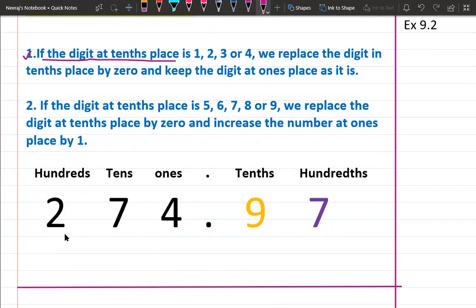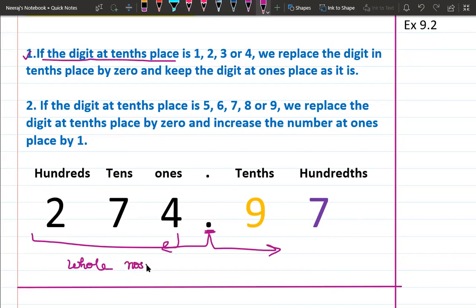This decimal point is separating the digits into two parts. The first part, on the left side of the decimal point, is called the whole number.